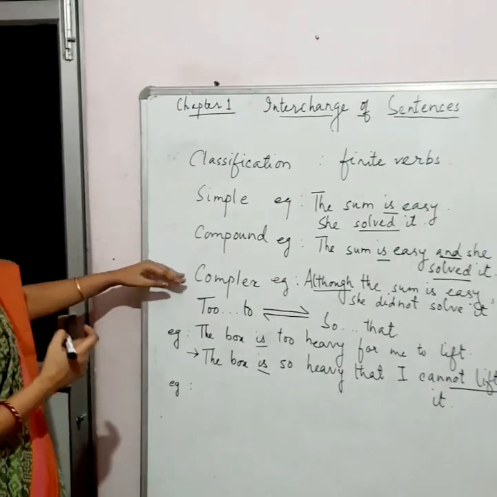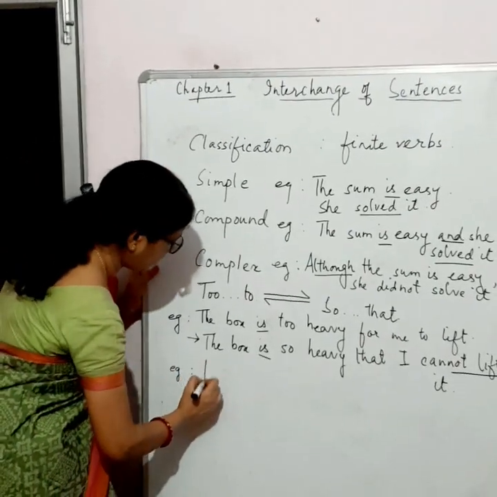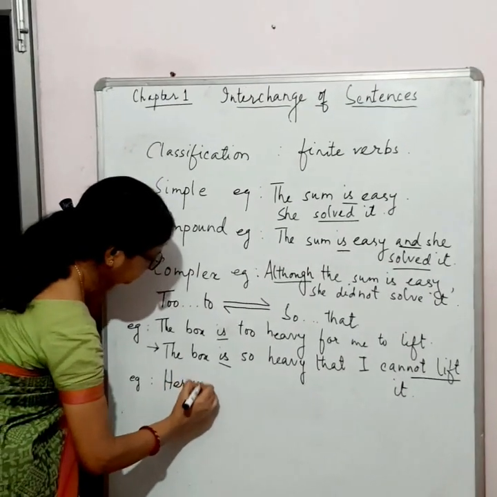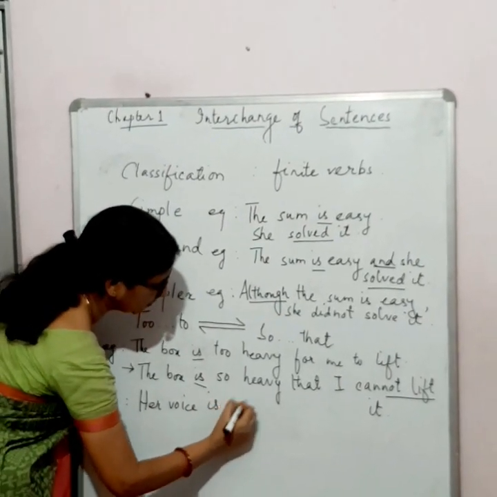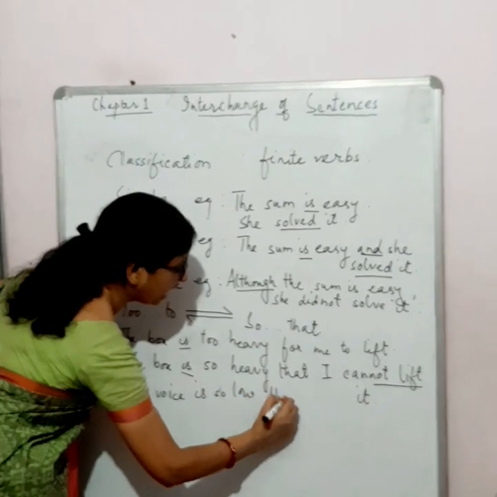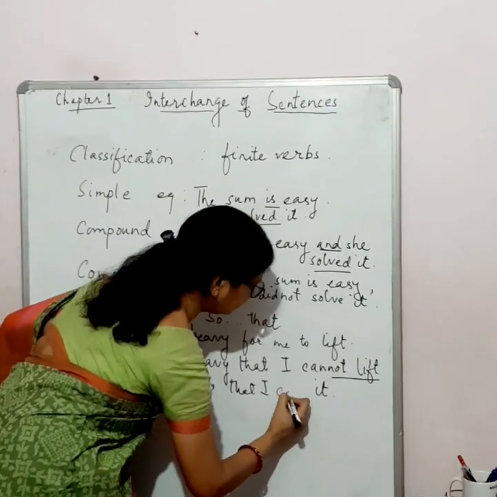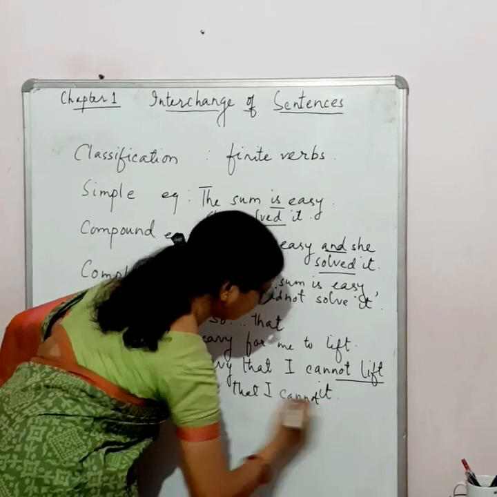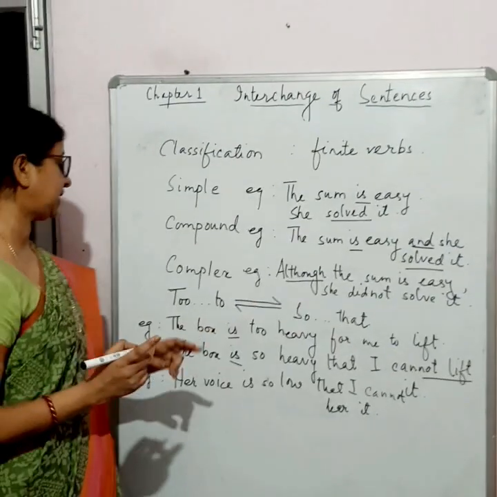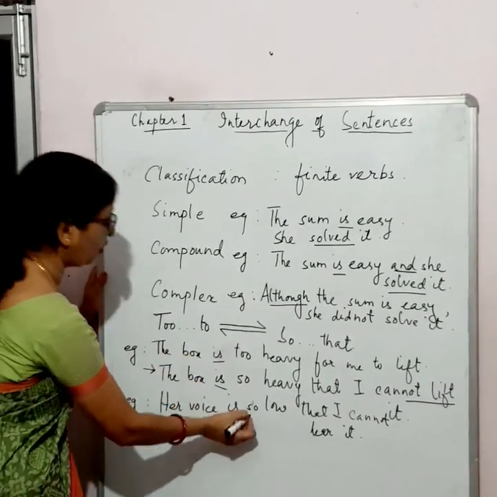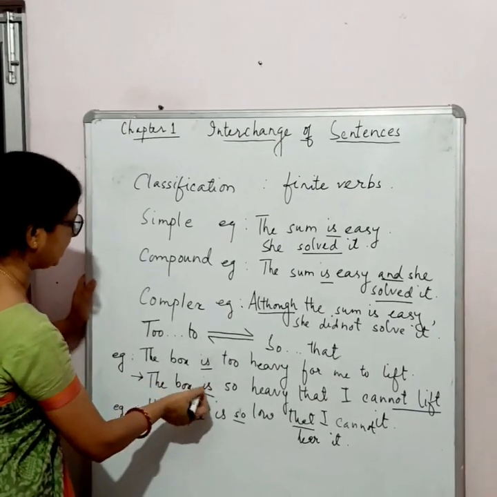Okay, now let us change from complex to simple. Suppose I am giving one more example here. Her voice is so low that I cannot hear it. Again you find the use of the conjunction so that, just like the previous example.